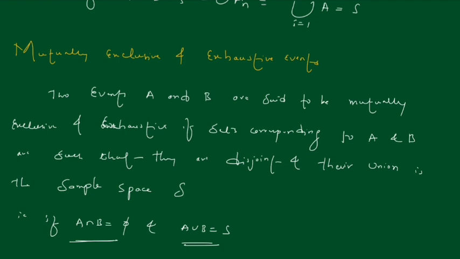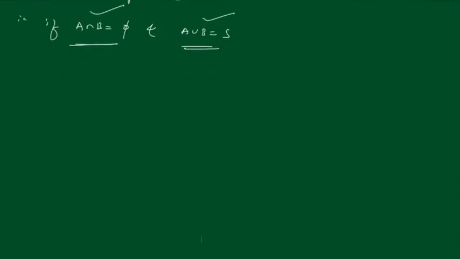So two events A and B are said to be mutually exclusive and exhaustive if they are disjoint and their union is the sample space. In general, if A1, A2, and so on up to An are events of a sample space, then Ai intersection Aj equals phi for i not equal to j.